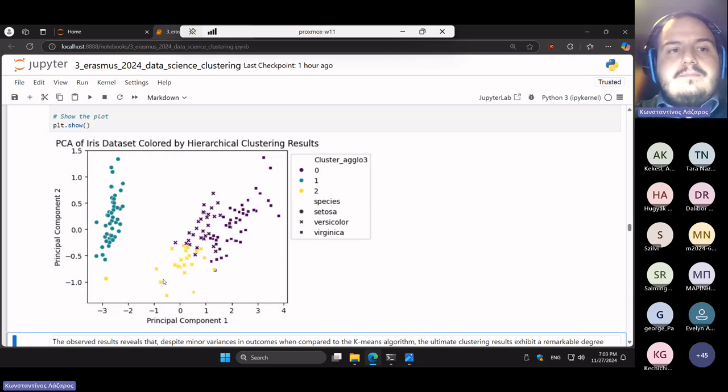Now, could that be wrong once again because of the way the algorithm works? Could this be considered an error? Perhaps, but in some cases this depends on the context of the problem that we're trying to solve. For example, the very fact that we're getting a sample which is a bit further from the other setosa flowers, kind of on its own down there, and that this sample has now been grouped along with these other samples, even though it's pretty far from these as well, could indicate that there is some reason why this is differentiated.